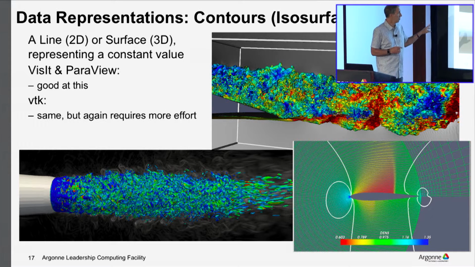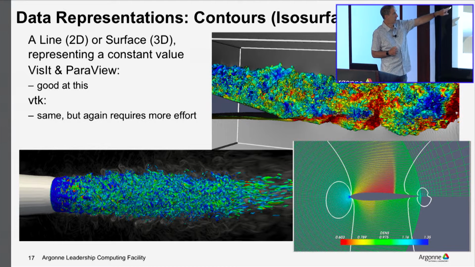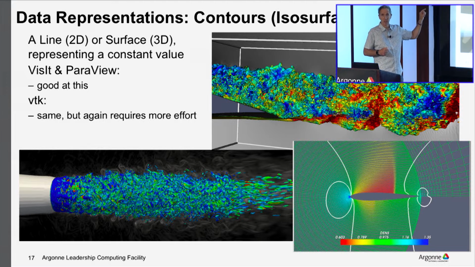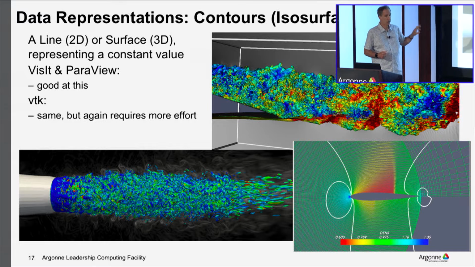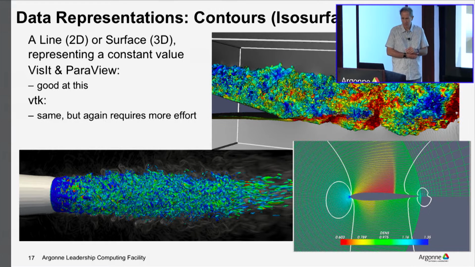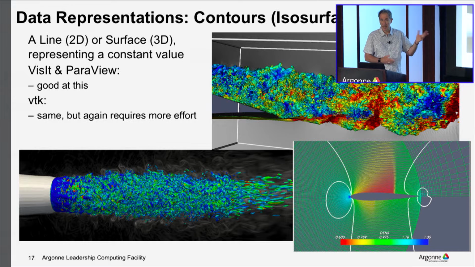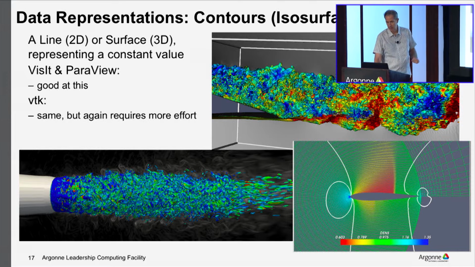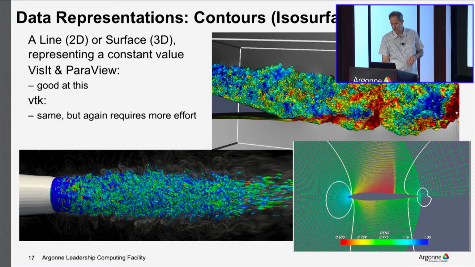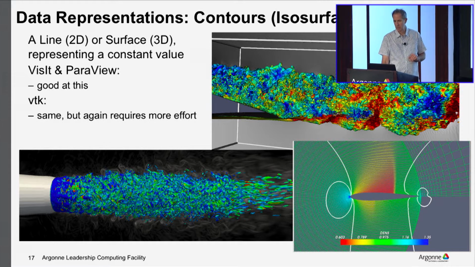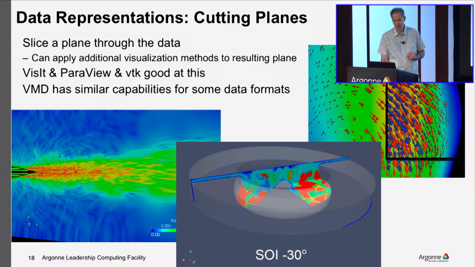In the top example, each separate surface is a different color. In this bottom case, the surface value is all the same, but it's colored by a second variable. And so there's a way to combine different variables to display additional information.